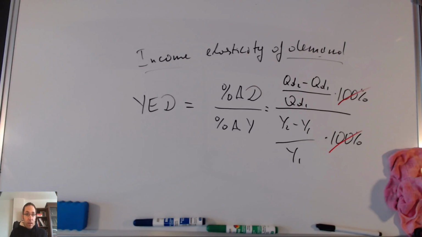Next, let's have a look at the ranges of values that YED can take. YED can take both negative and positive values. And depending on whether the value is negative or positive, we are going either to have an inferior good or a normal good. So let's have a look.